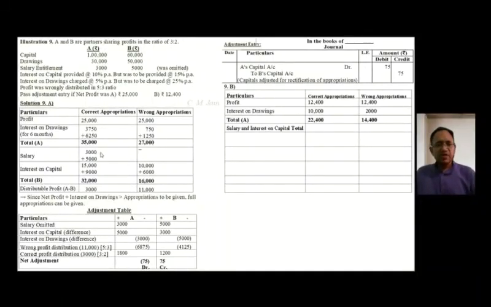And now, since we have already done the individual calculations for salary and interest on capital, in this table, let's write the total directly. So in particulars, write salary and interest on capital total.